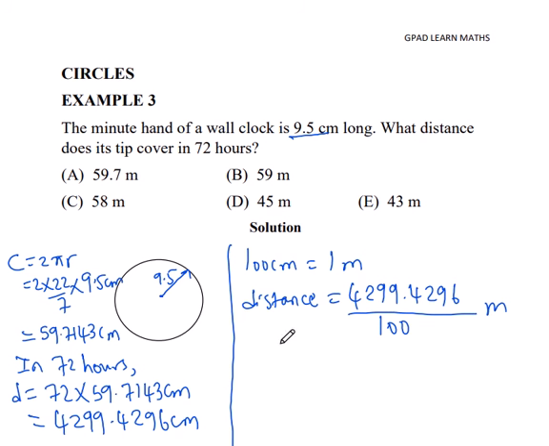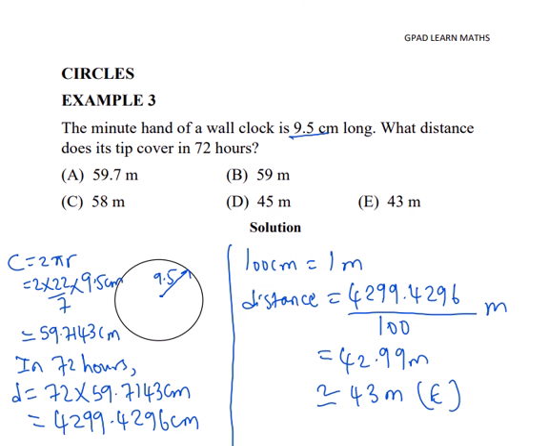If you divide that, you will get 42.99 meters. If you look at the options we have, 59.7 and the others, let me approximate this again. Approximately this becomes 43 meters, and this is option E.